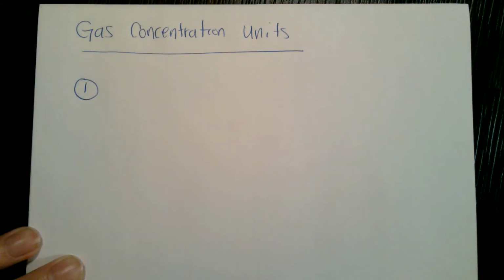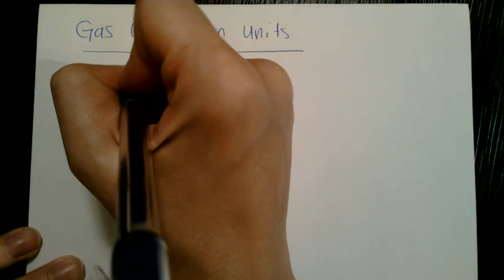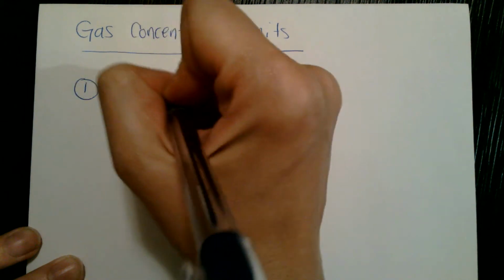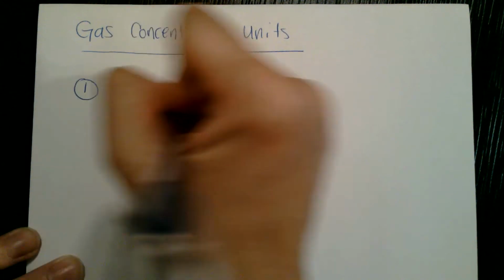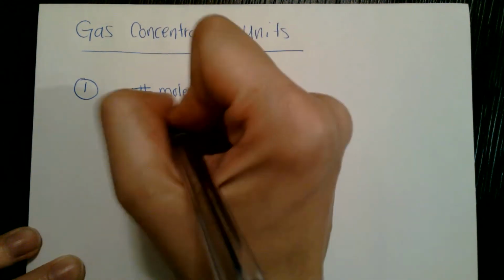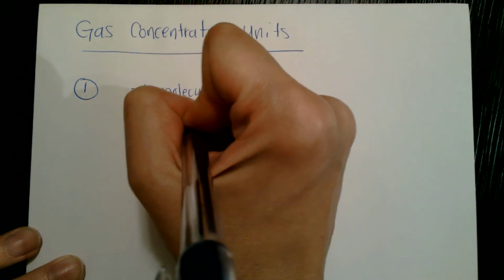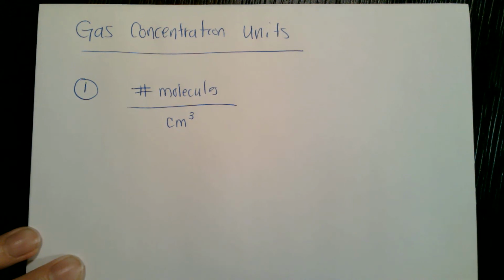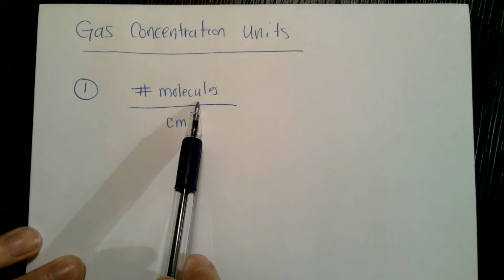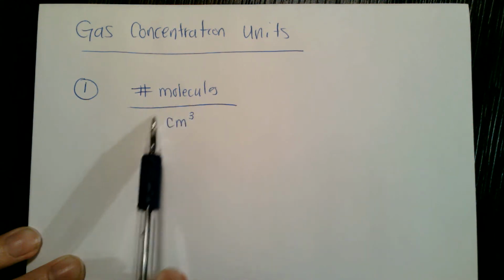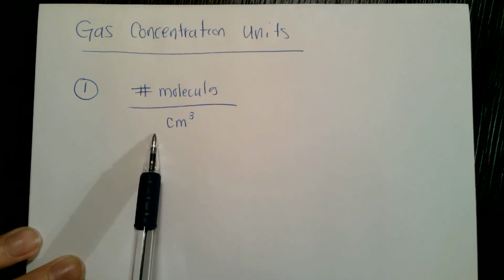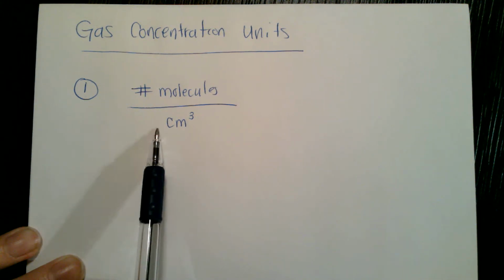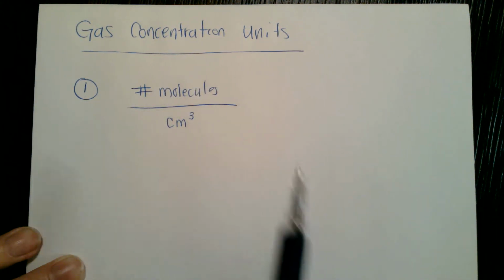So the first concentration unit you will see is expressed in number of molecules of whatever it is you're looking at per volume of centimeter cubed. For example, ozone: the number of ozone molecules that you would have in a cubic centimeter of volume. A lot of the plots and figures in chapter 1 are using this unit.